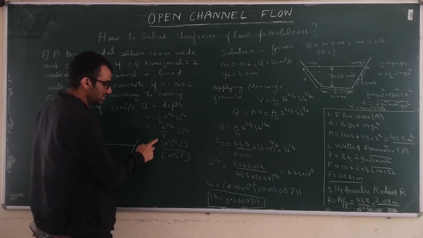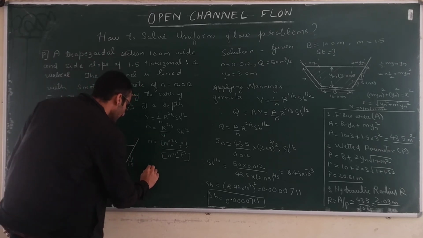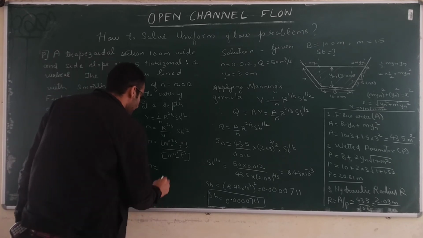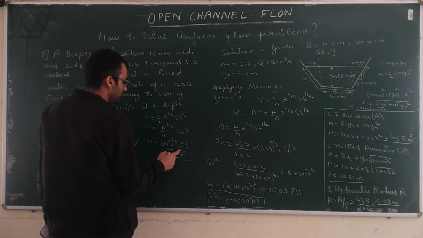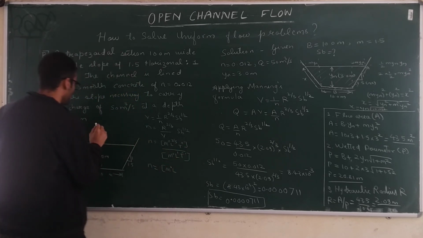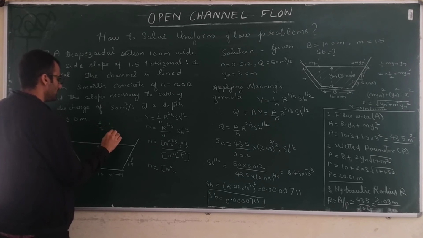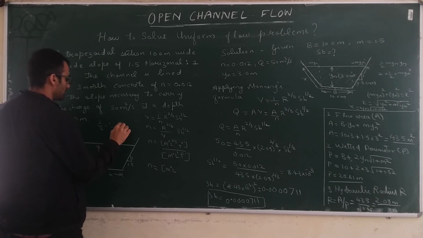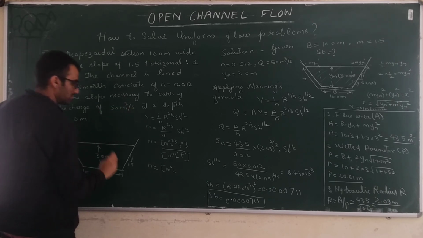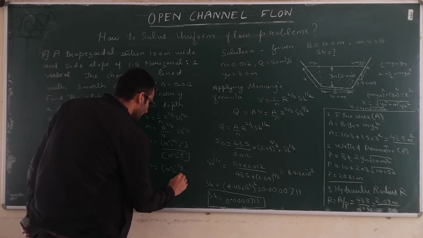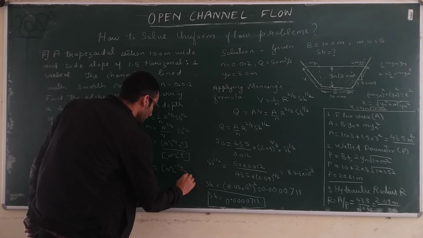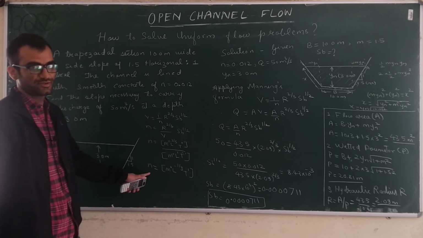So n will have the unit M0, L to the power 2 by 3 minus 1, which is minus 1 by 3, and T to the power 1. So it will have this unit, the Manning's constant.